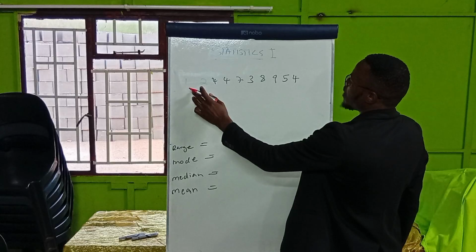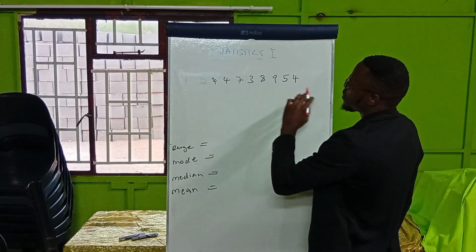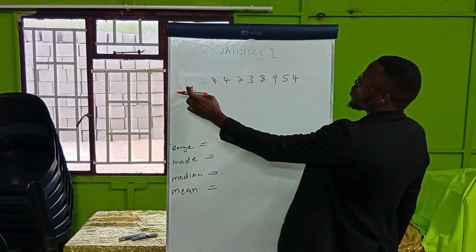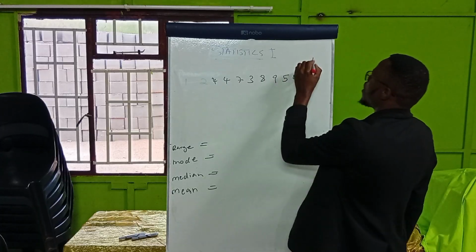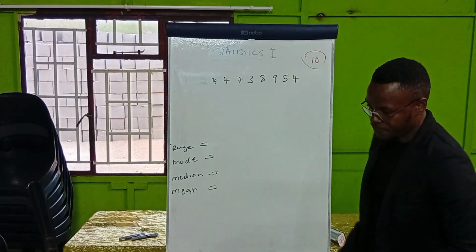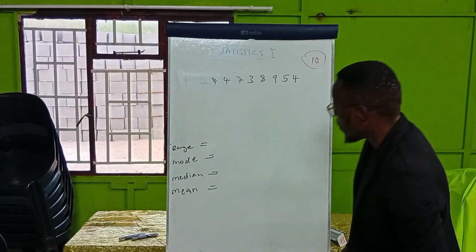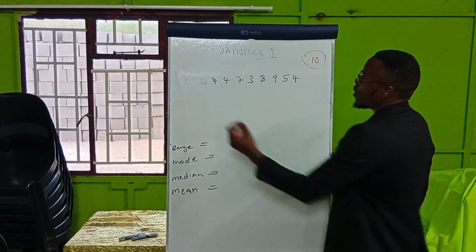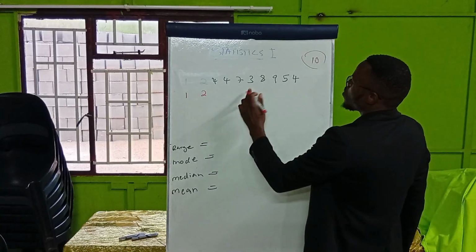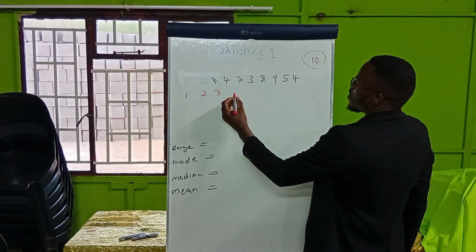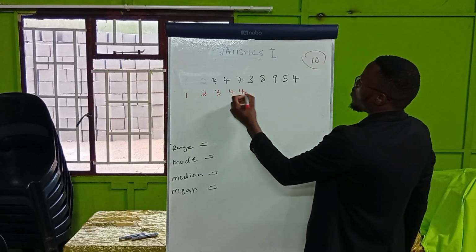So if you look at these numbers, maybe let's first count how many they are. So we've got 1, 2, 3, 4, 5, 6, 7, 8, 9, 10. So we've got 10 numbers. Now, let's arrange them in order. So the first one will be 1, obviously, and then followed by 2, followed by 3, followed by 4, 4, 4.